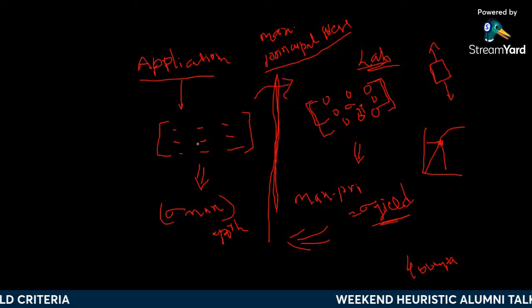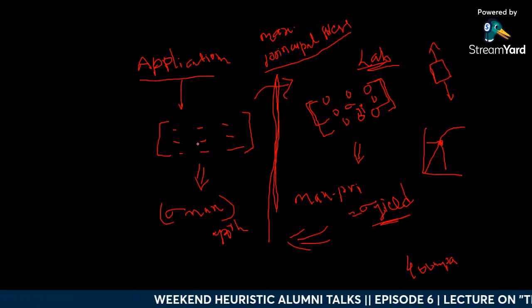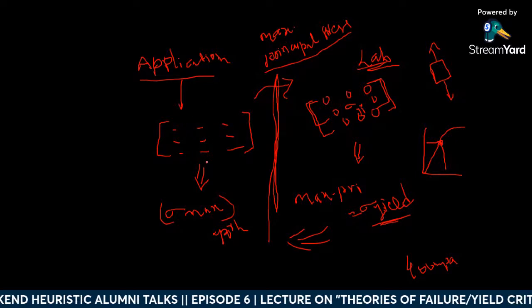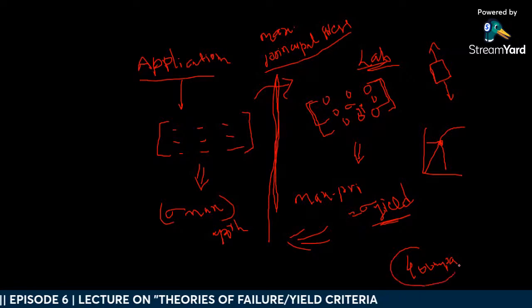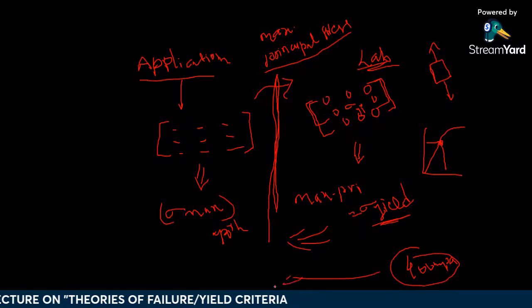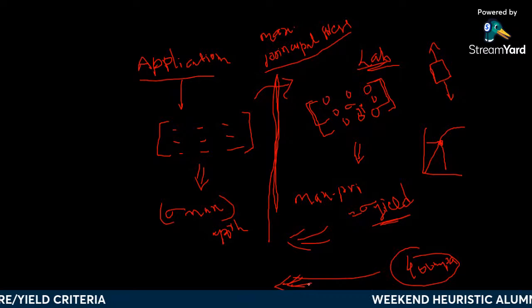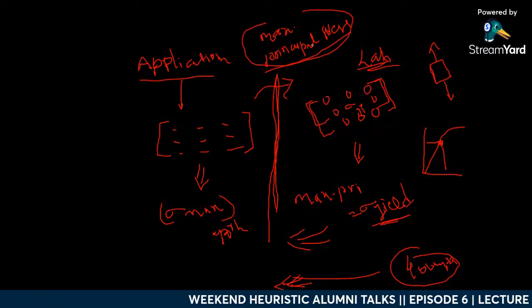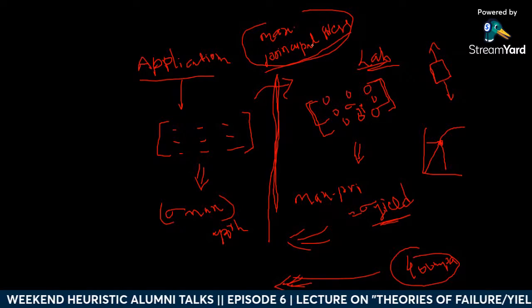But what is the only thing you need to ensure? Ensure that in your application, your maximum principal stress won't cross this. That is the only thing you need to remember. Okay. So here, the maximum principal stress is the parameter which decides whether it is a successful design or a failure design.